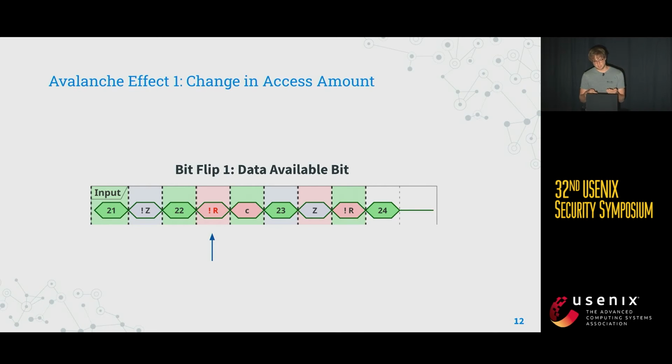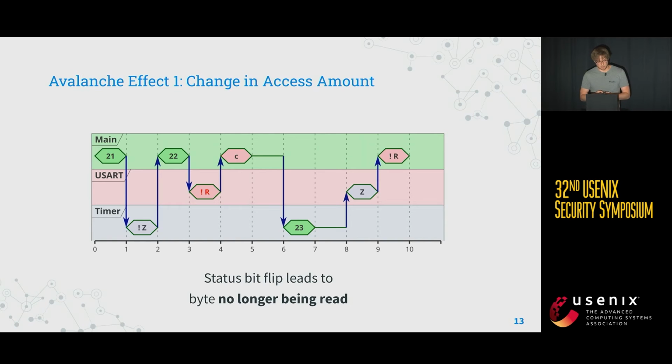What was previously a red, so a serial interface byte, is now interpreted as a temperature, and this goes on to this misalignment. We can also see this in the more exploded diagram. Anything that was previously a serial byte is now like the Z flag value, and it spirals out of control from there in an avalanche effect.